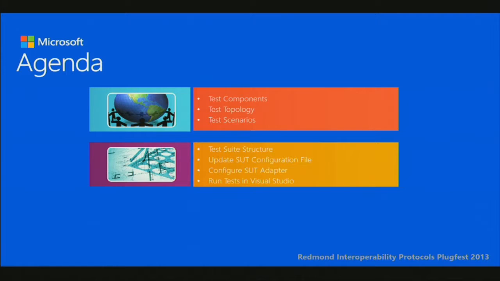Second, I will introduce our test suite structure and how to work with our test suite for the interactive adapters. The interactive adapter can show you how to enable the server node to simulate the server failover.